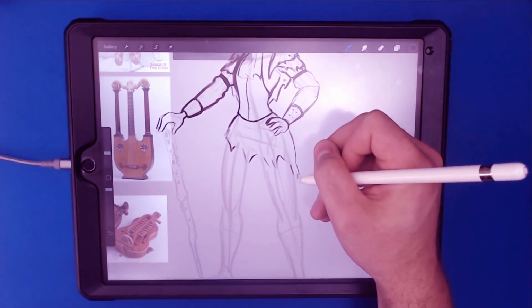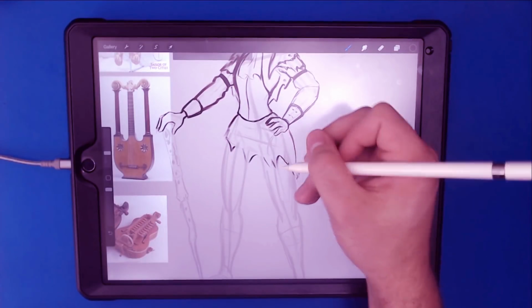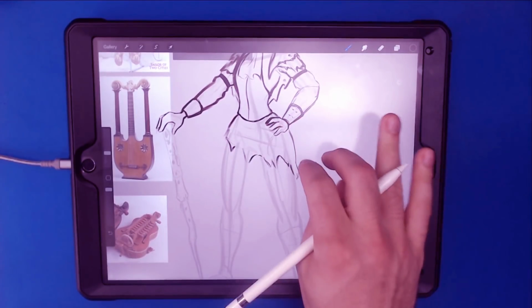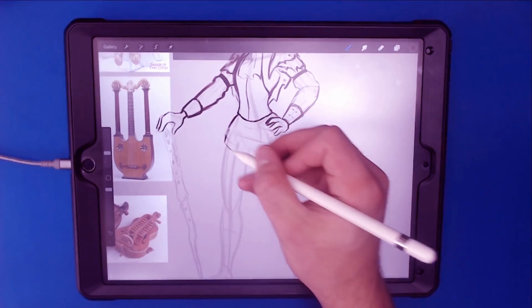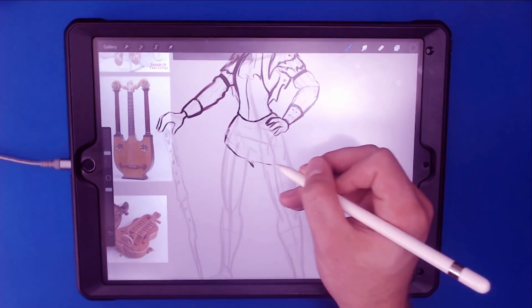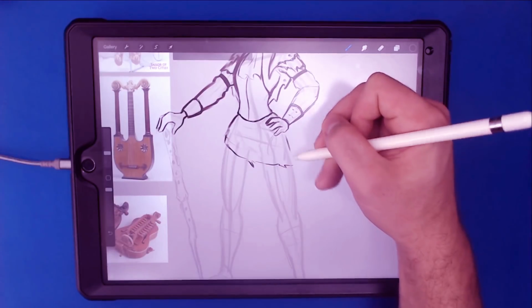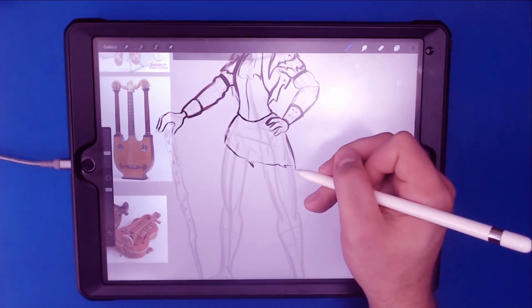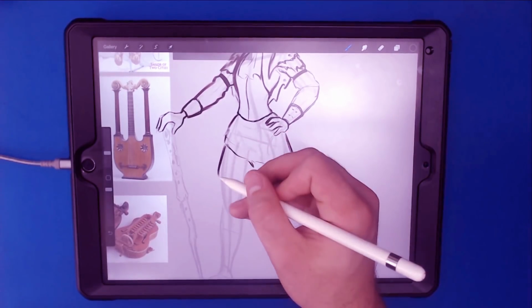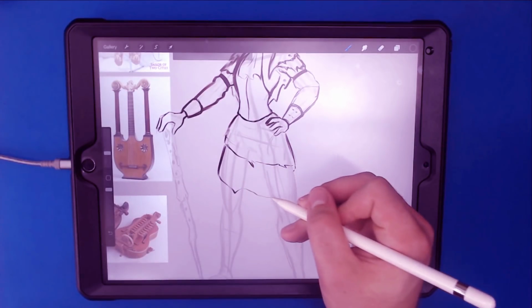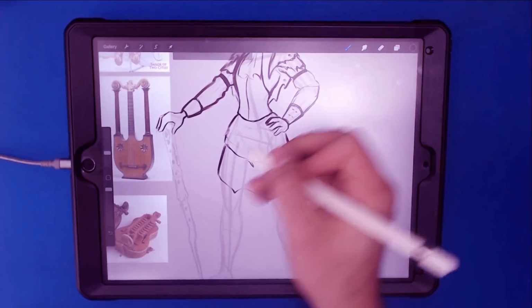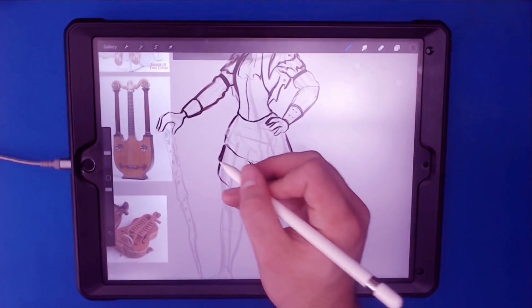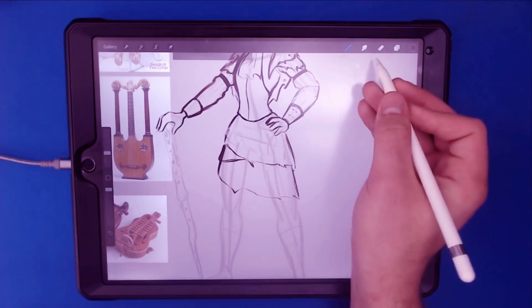So let's do our first layer of tattered cloth. Maybe that's too much tattering. Maybe less is more. So we'll do that where it's just frayed in a few places. And maybe an additional layer that's kind of wrapping back up here.